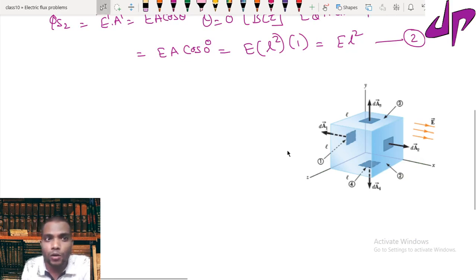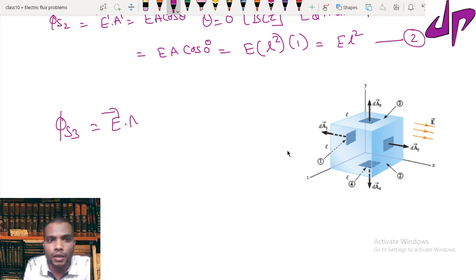Now let's calculate the flux through the third surface. Flux through surface 3 equal to E bar dot A bar. This is the third surface.